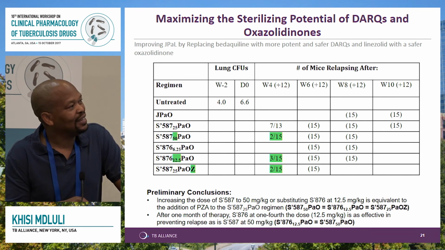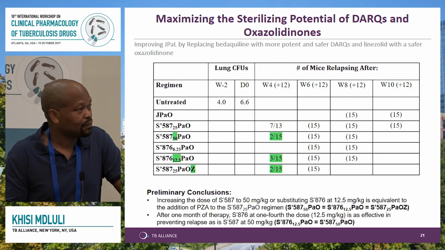And as you can see, cure after 1 month of therapy, whereas for the lower dose, you are only curing half the mice after 1 month of therapy. If you double the dose, you are curing 13 out of 15 mice at that time point.